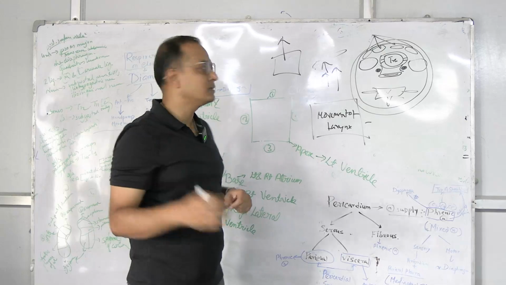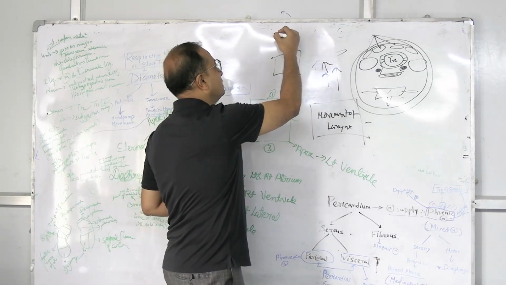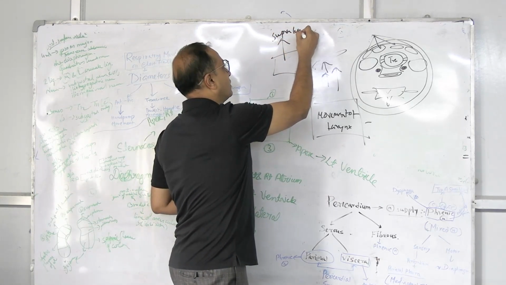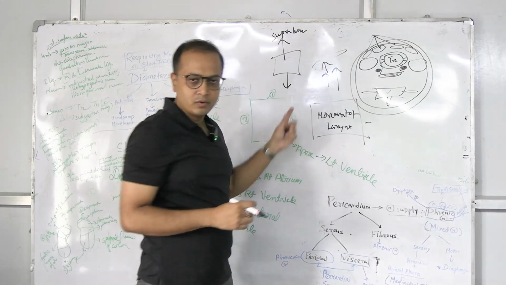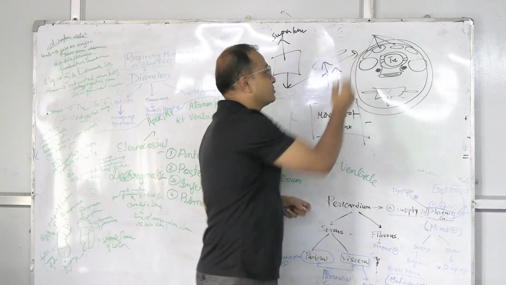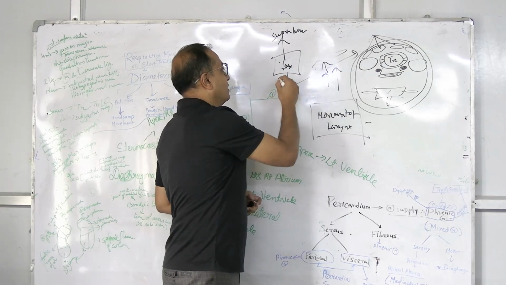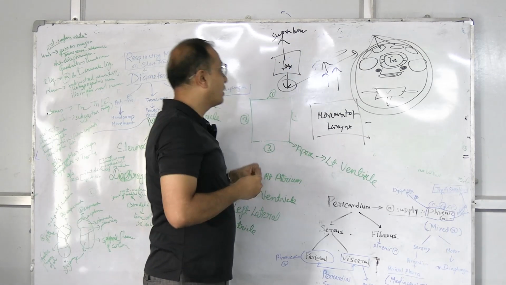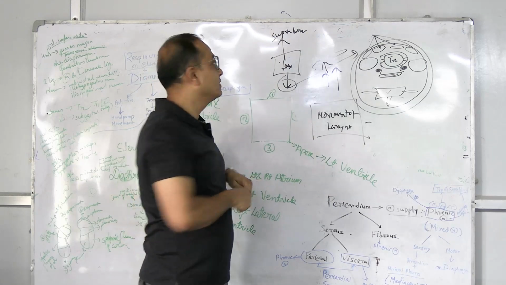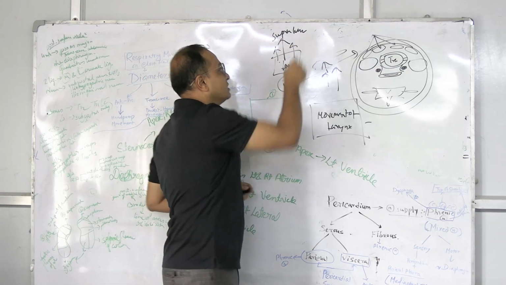We have the suprahyoid group of muscles, and the infrahyoid group of muscles, which are known as the strap muscles, that pull the larynx down.